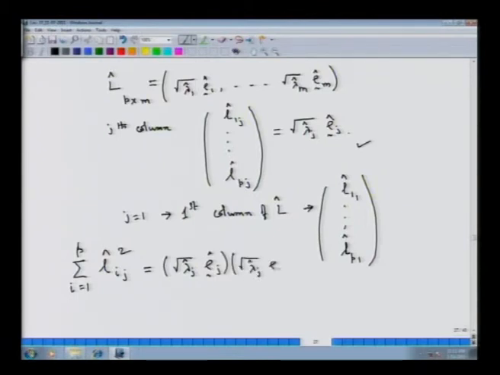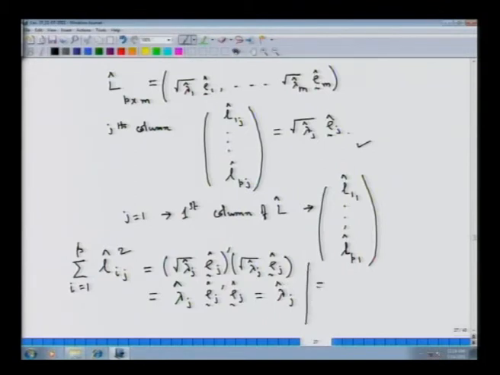So, it is root over lambda j hat Ej hat transpose into root over lambda j hat Ej hat. So, this is going to give us lambda j hat, and this is Ej hat transpose times Ej hat. They are orthonormal, and then this is just equal to 1. So, this particular term is equal to just lambda j hat.